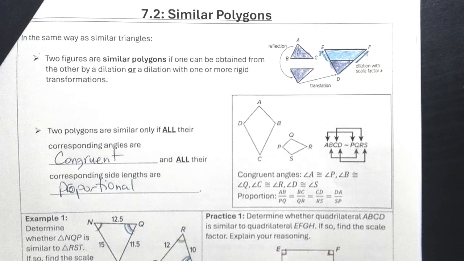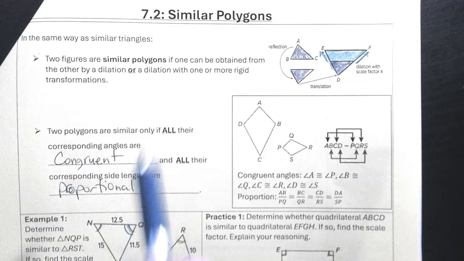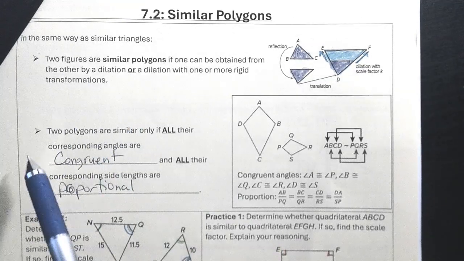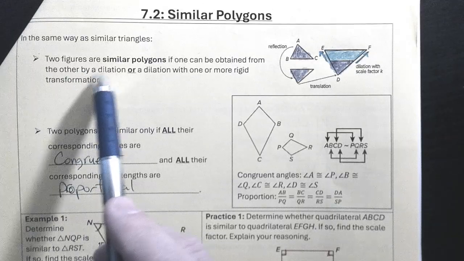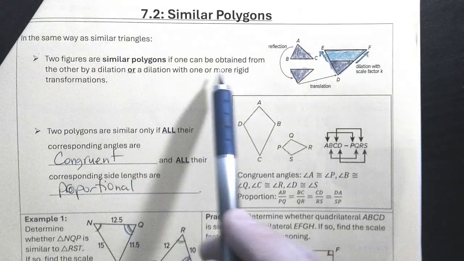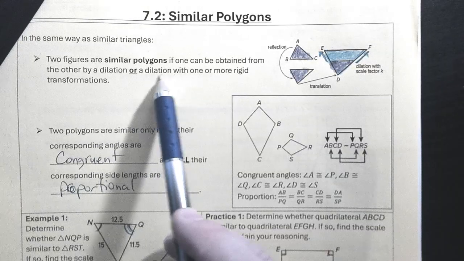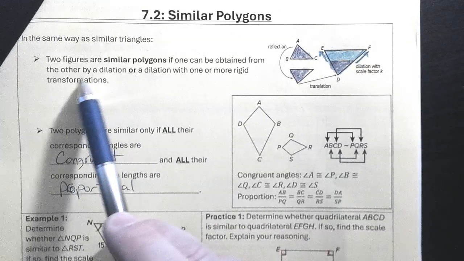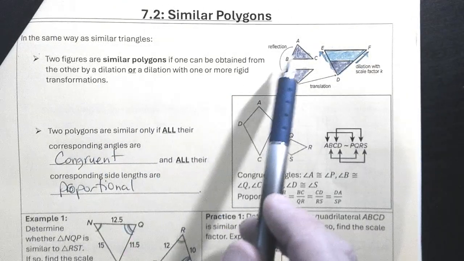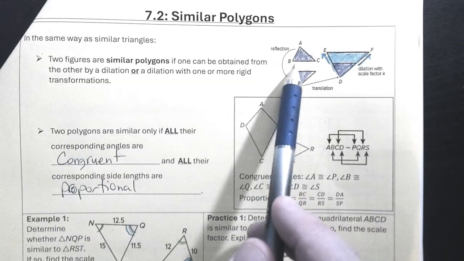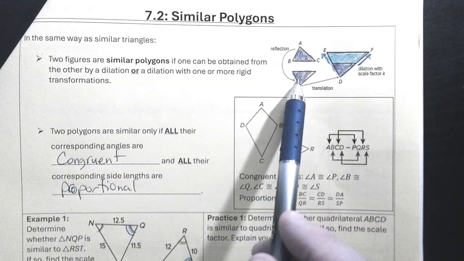But let's get started. In the same way as similar triangles, two figures are similar polygons if one can be obtained from the other by a dilation or a dilation with one or more rigid transformations. Over here, they're taking this triangle and they're going to reflect it in an imaginary line so that it comes down here.